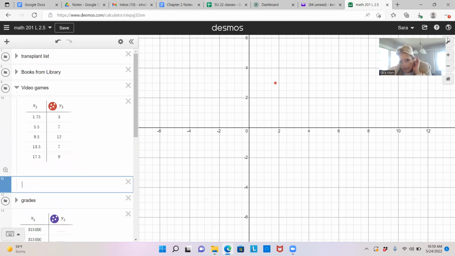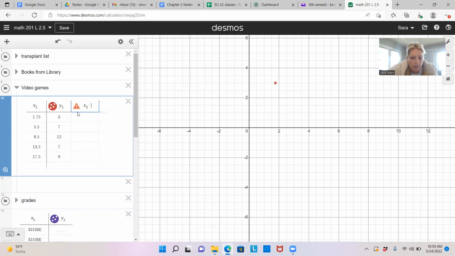Okay. So the next thing that we have to do here is multiply the midpoint times y3. So we're going to create a new list, which is going to be x3 times y3, and it will multiply them together. And then we're going to add.